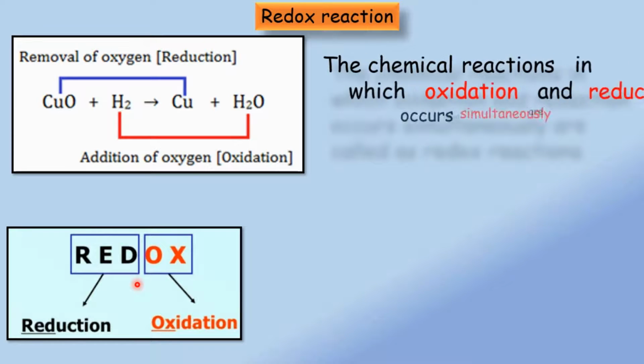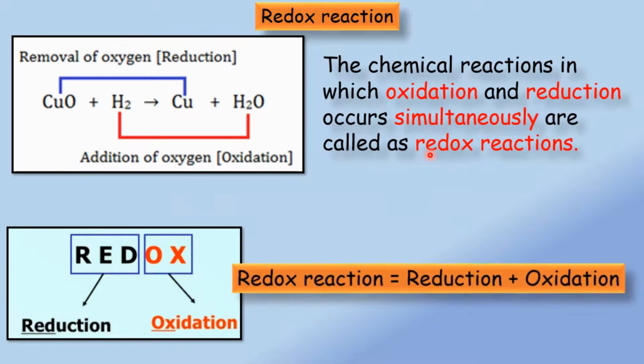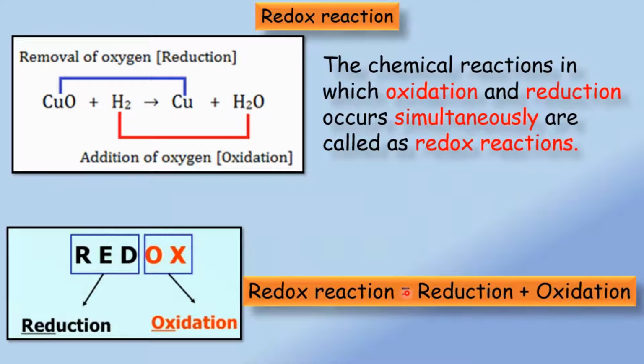So, we can define redox reaction as the chemical reactions in which oxidation and reduction occur simultaneously. That means we can say redox reaction is equal to reduction plus oxidation.